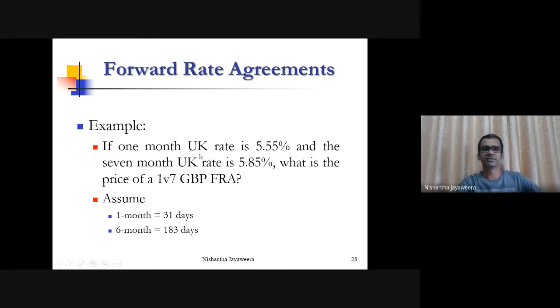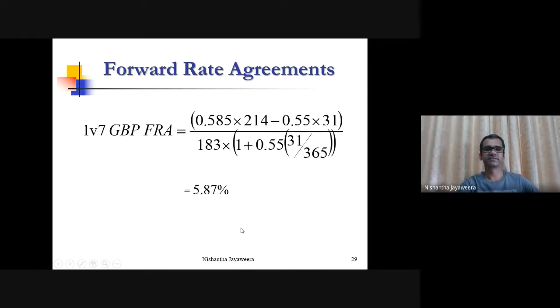If not, this is an example. This is on sterling. 1 month rate is 5.55. The 7 month is 5.85. Then what is the pricing of FRA? 1 into 7. 1 month 31 days, 6 month 183 days.